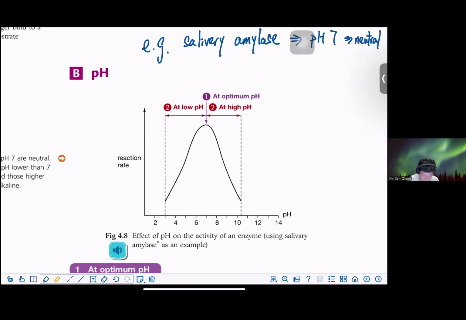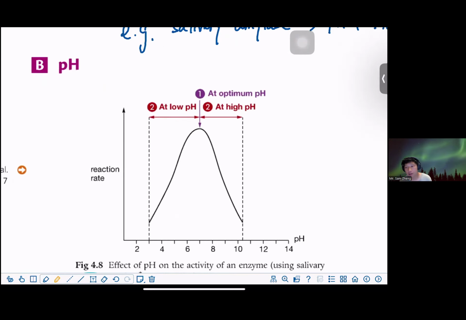But if the pH is extremely low, for example pH 2, or if it is very alkaline, meaning the pH is very high, for example pH 12, then there will be no reaction at all.